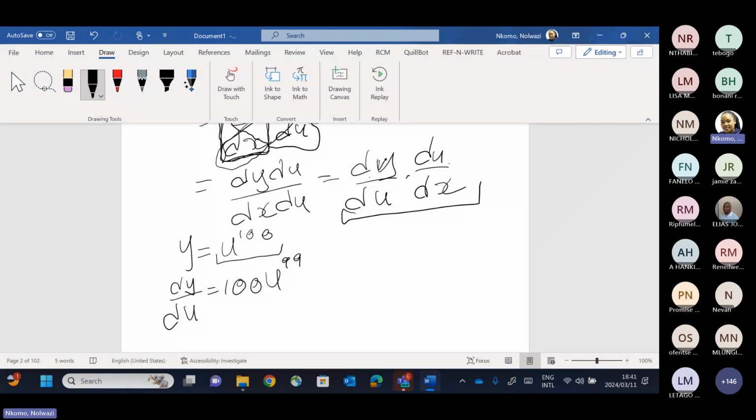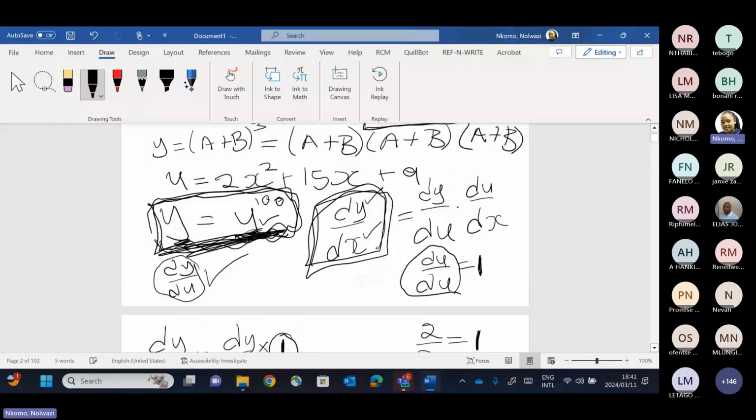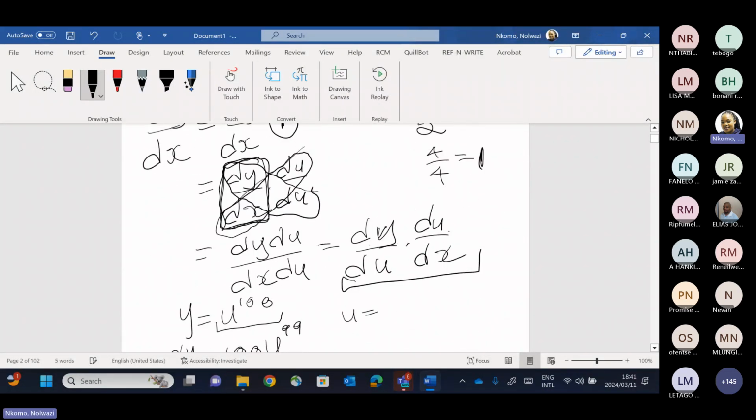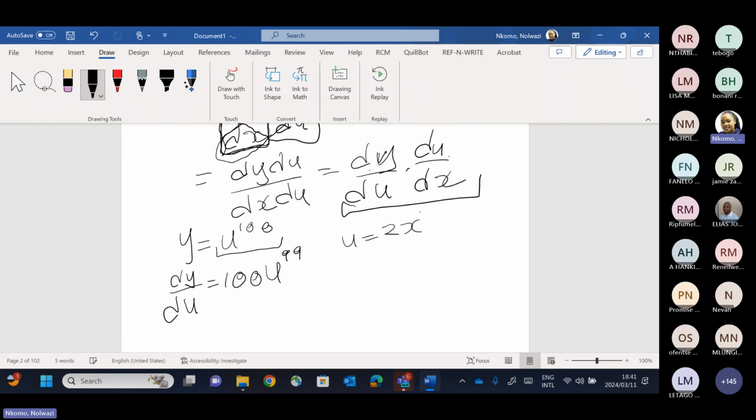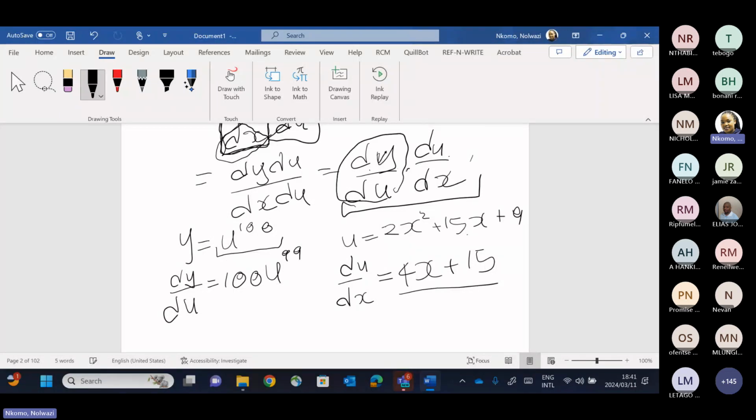And again, we have u equals 2x squared plus 15x plus 9. If you differentiate u with respect to x, you apply the power rule, and you'll have 4x plus 15.